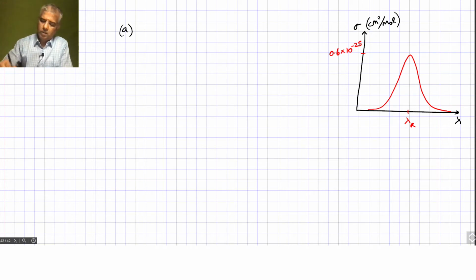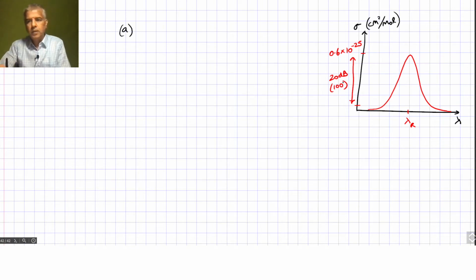Now you have to go to some non-resonant wavelength, such that we are actually seeing a drop of 20 dB in the absorption cross section. So we say, okay, you go down 20 dB over here, that's actually a factor of 100, right?